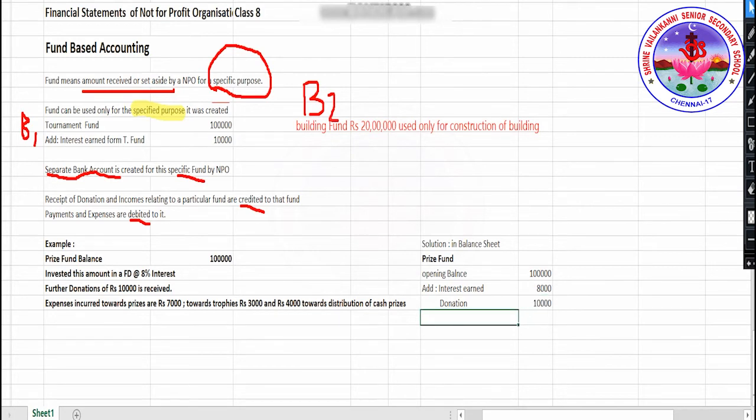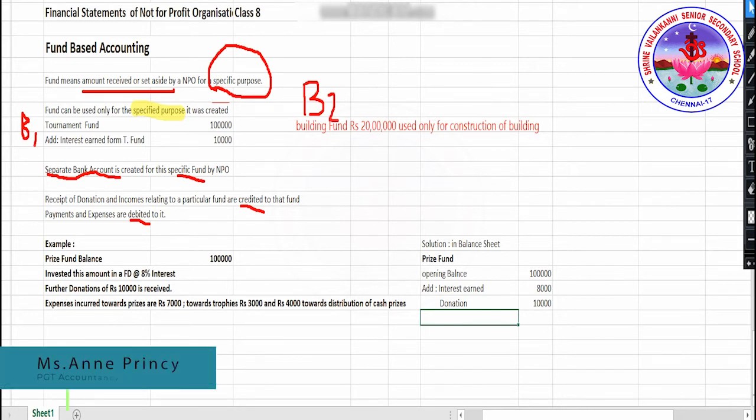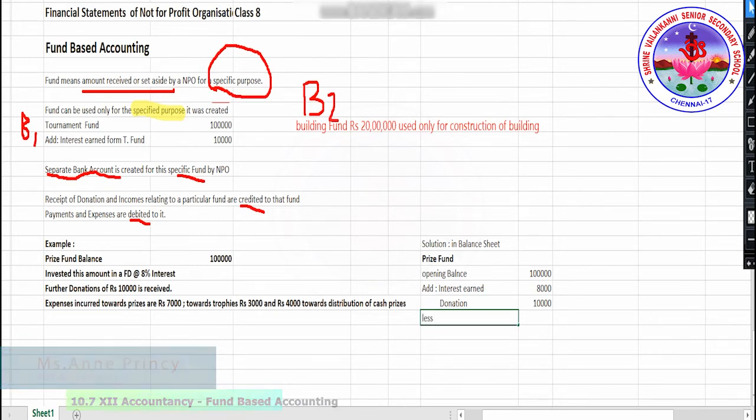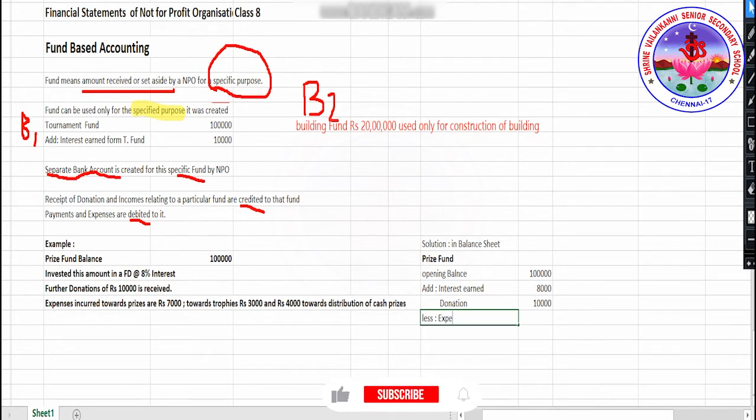The next thing: expenses incurred towards prizes are 7,000, towards trophies are 3,000, and 4,000 towards distribution of cash prizes. So expenses incurred for the year towards prizes I'm going to deduct.